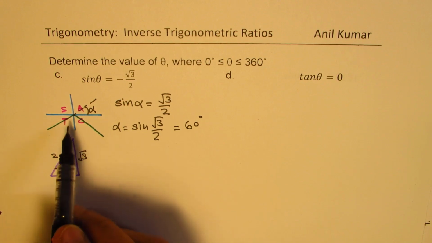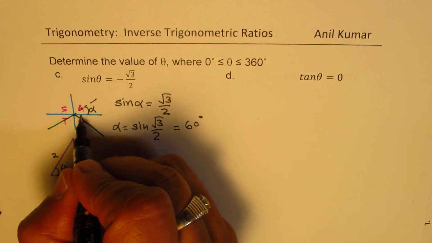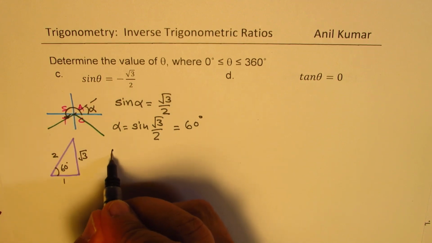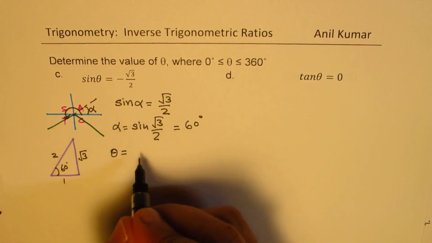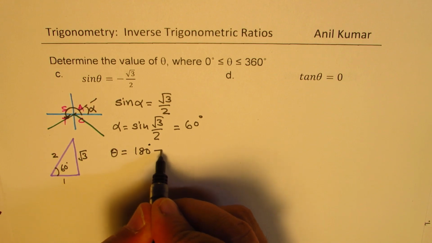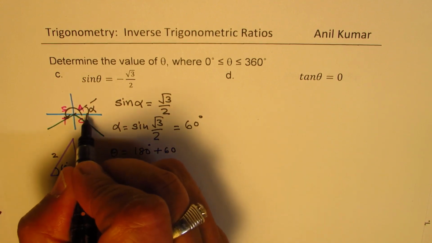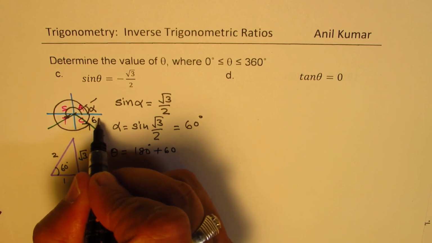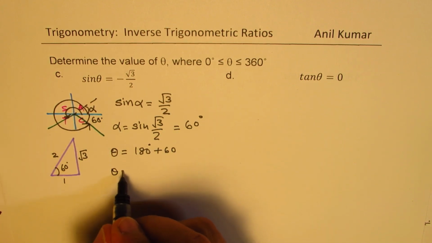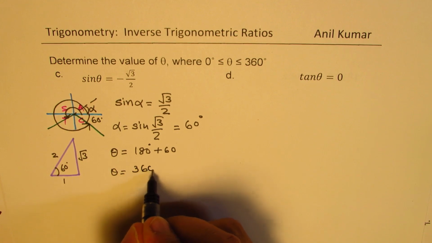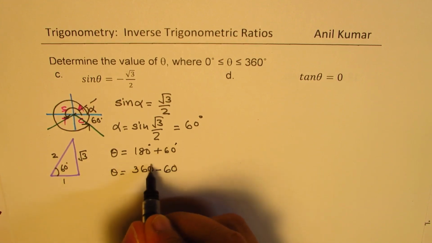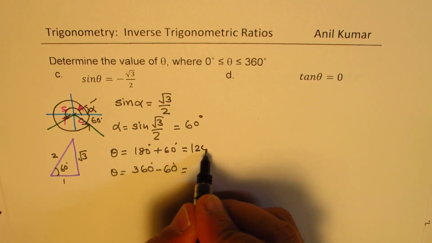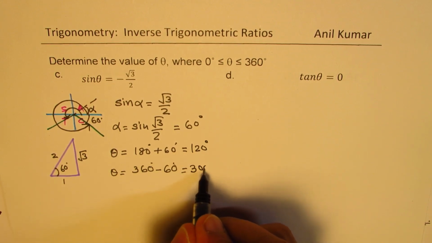Once we know that, we can find what the principal angle is. This is this much, which is, we can write theta as 180 degrees plus 60 degrees, and the other one is this one, right, which is 60 less than 360. So theta is also 360 degrees minus 60 degrees. Is that clear to you? So the two solutions are 240 degrees and 300 degrees.